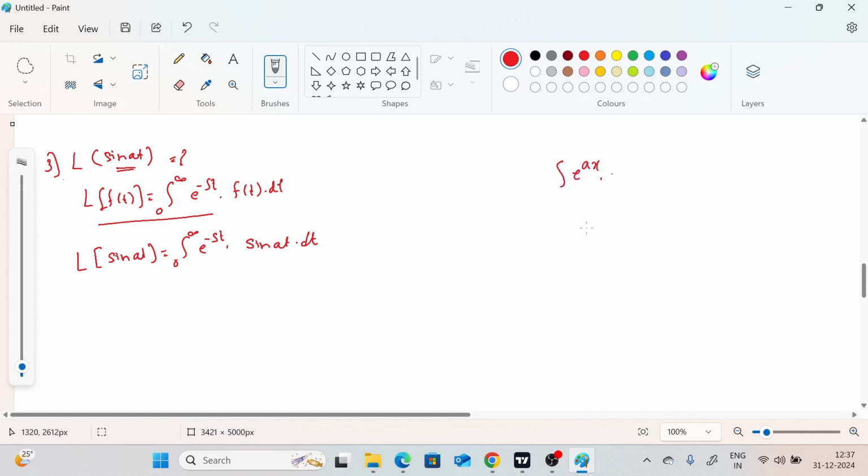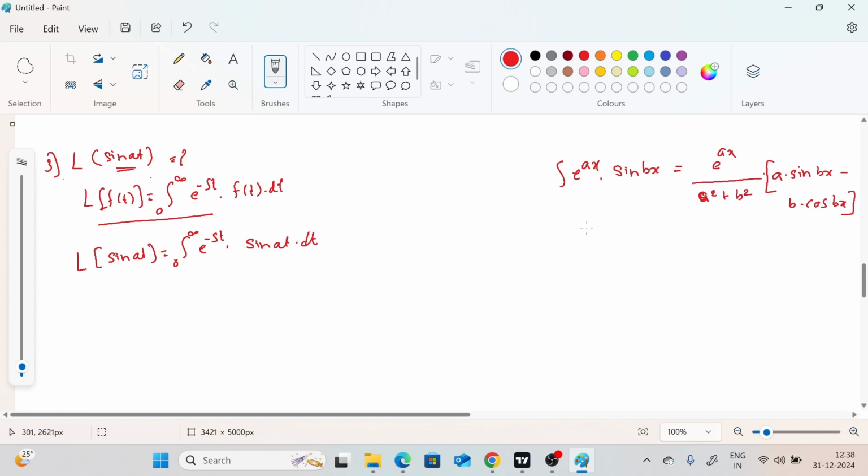In 11th and 12th, we learned one formula: the integration of e raised to ax sin bx is equal to e raised to ax upon a square plus b square into a sin bx minus b cos bx.